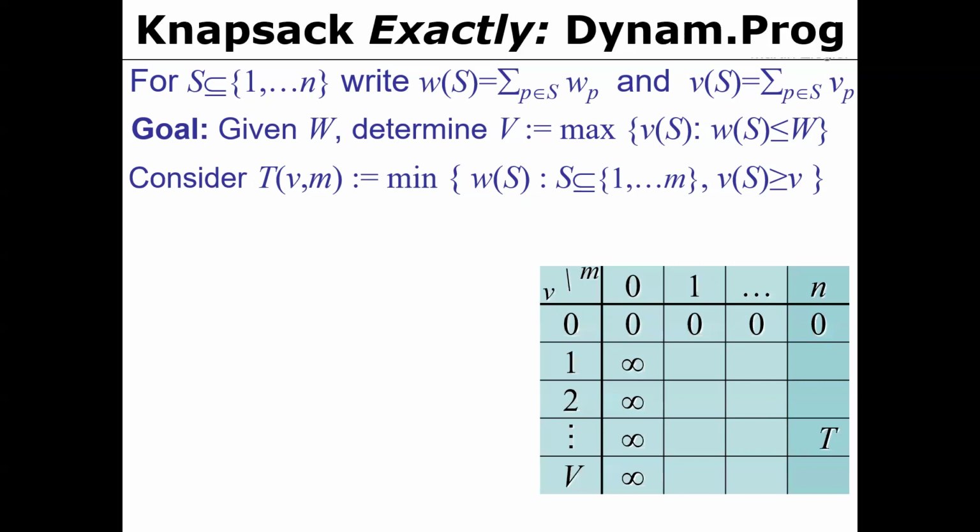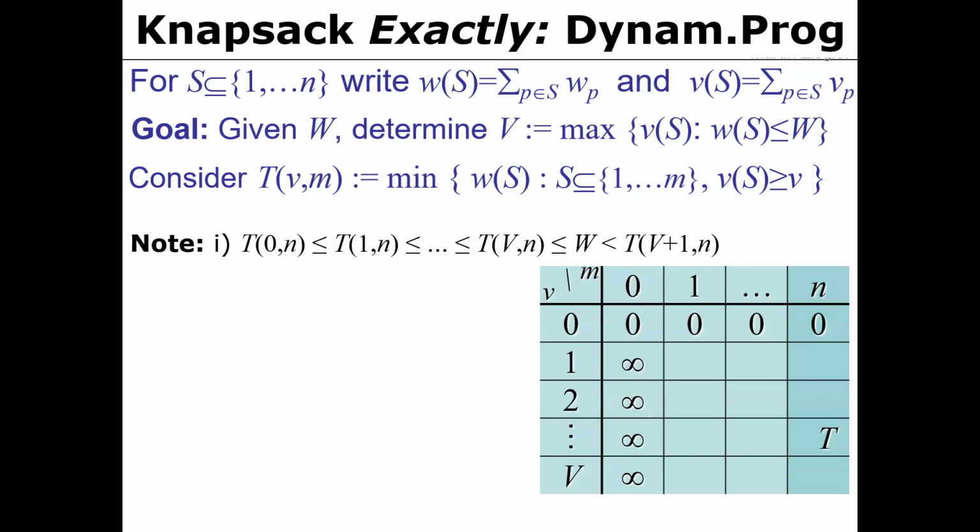And here's the table. So the columns indicate how many packets we have considered so far. And at the end of the day, we want to consider all packets. So we're interested in the last column of this table. And the goal is to fill that last column by first gradually filling the previous columns and the previous rows. We're interested in the last row, the last entry in the last column. And the last column has this monotonicity property.